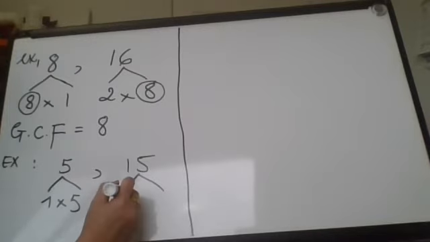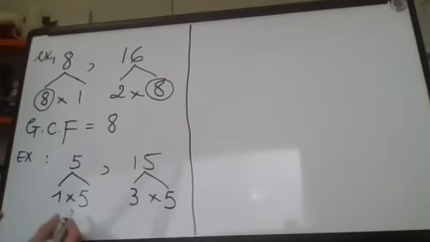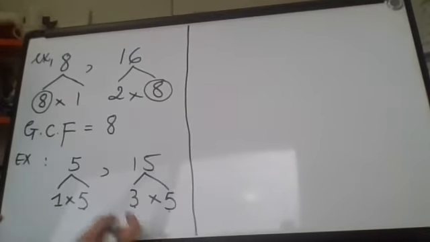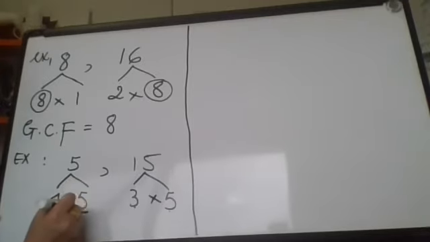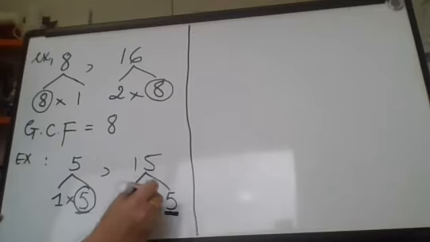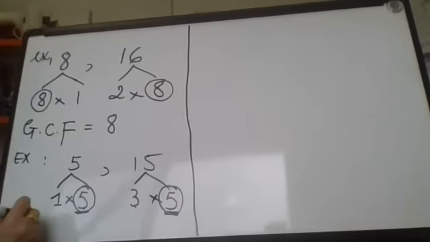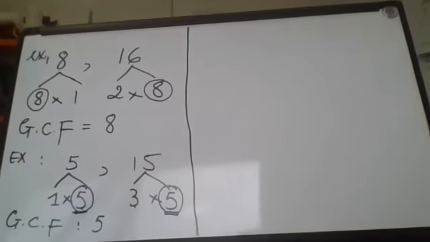You're going to do the second one, which is 3 times 5. Again, if you look at 1, 5, 3, 5, the only number appearing in both of them is 5. So 5 in this case is what we call the greatest common factor. The greatest common factor is 5.